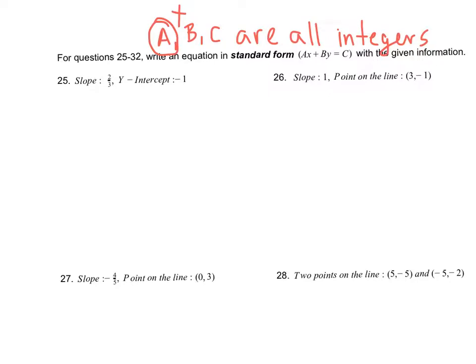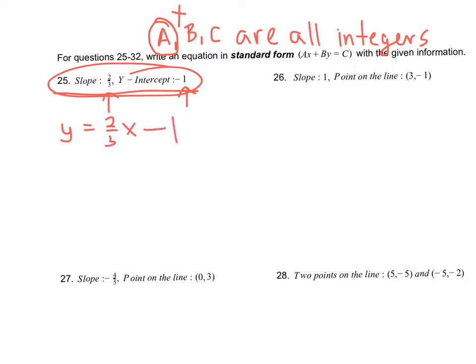That's standard form. So let's see what this looks like. You remember 25 in the previous section, this first question in the previous section was super easy because we were given a slope and we were given the y-intercept to write it in slope-intercept form. So in slope-intercept form, this would be y equals 2/3 x minus 1. That's slope-intercept form.